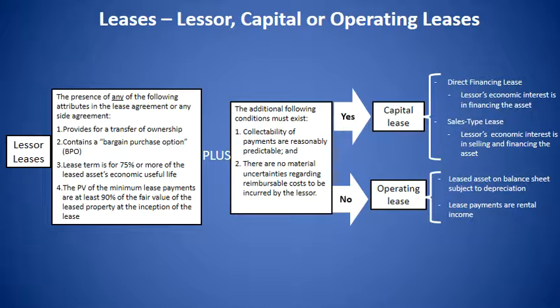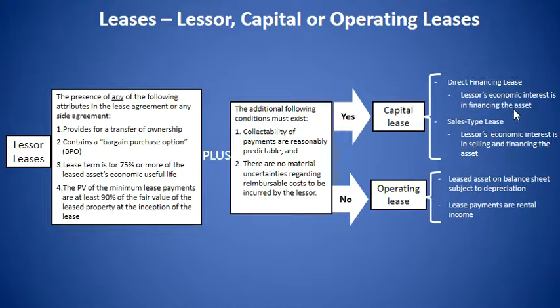And when we look at capital leases, we have to basically determine which lease accounting is appropriate. We have two types of lease accounting for capital leases for lessors. The first one is what we call a direct financing lease, and that is where the lessor's economic interest is in actually financing the asset.